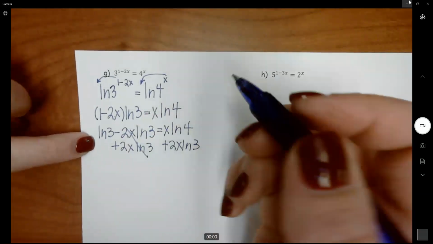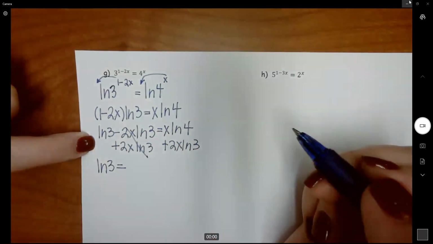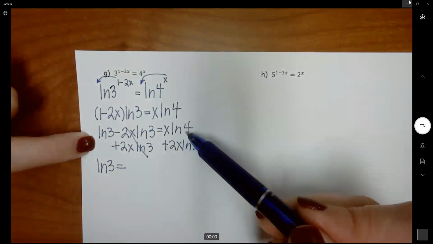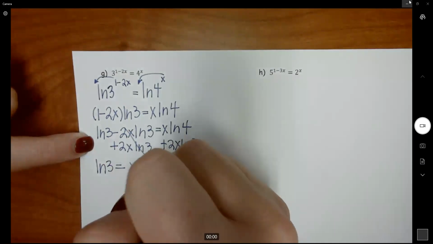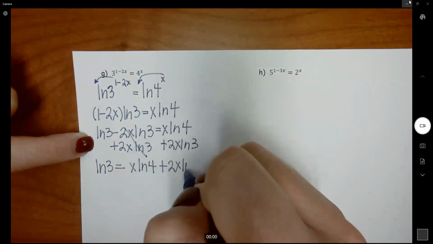Okay, the only thing I have left over here is natural log of 3. And then here I can't combine because you got natural log 4 and natural log 3. So this just becomes x natural log 4 plus 2x natural log 3.